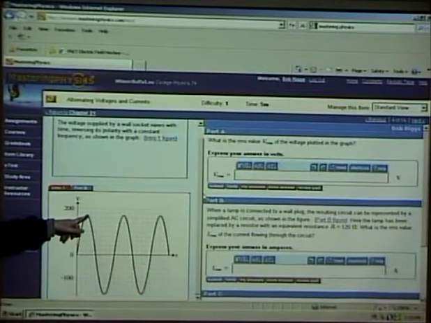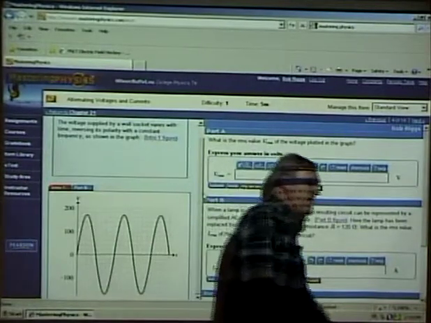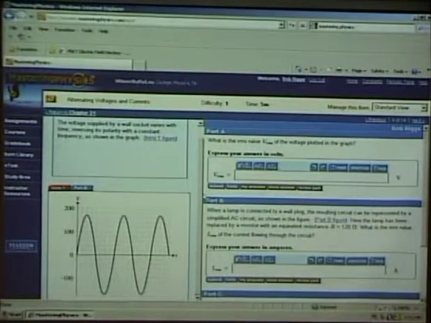But this actually goes up to 170. So if the max voltage is 170, how do we find the VRMS, the root mean squared? What do we do? Ooh, don't multiply. Think about it. That's what I did first. That's not right. You don't multiply it. You divide because you want the smaller number. Yeah, she kind of knew it right when she said it.